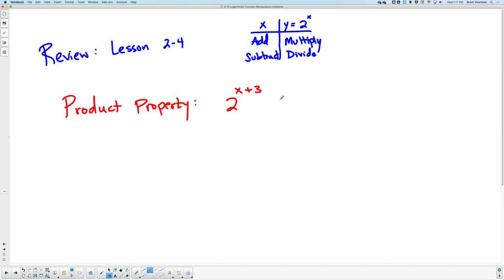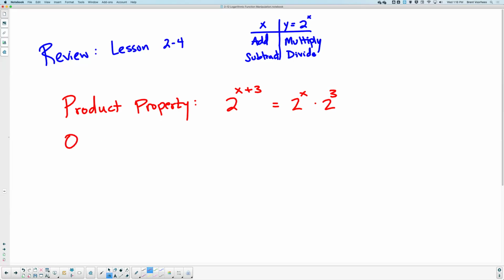So we could rewrite this as 2 to the x, times, since the y's are multiplying, another 2. But this time, it would be 2 to the x times 2 cubed, using the example I have there. That was the product property. X's adding became y's multiplying. Y represents the whole equation.